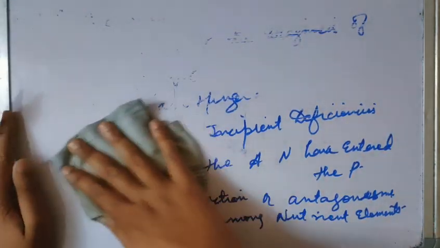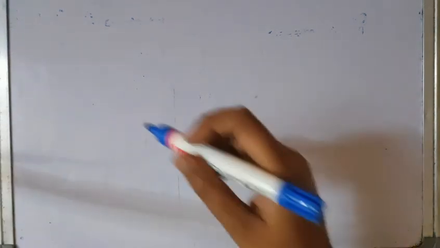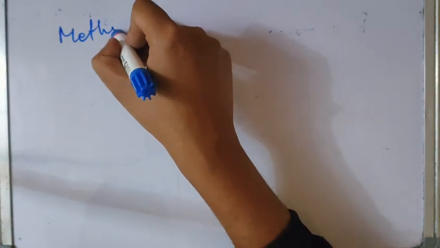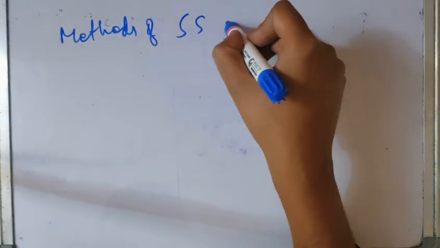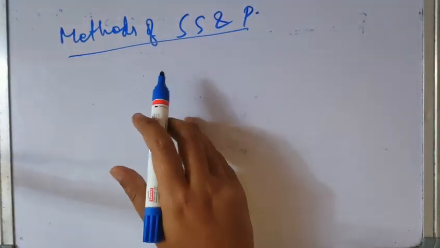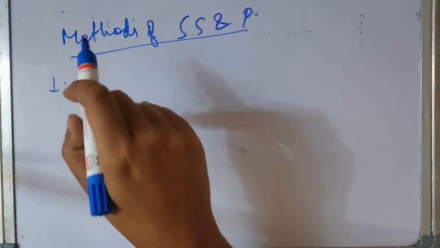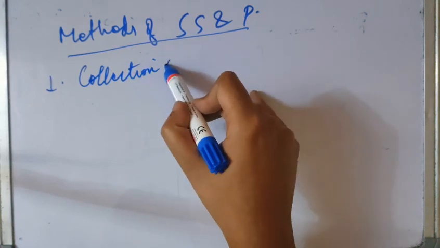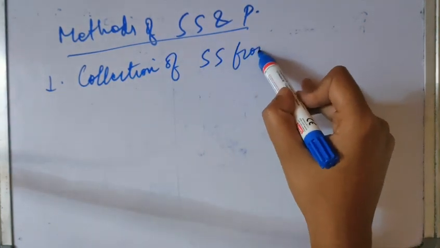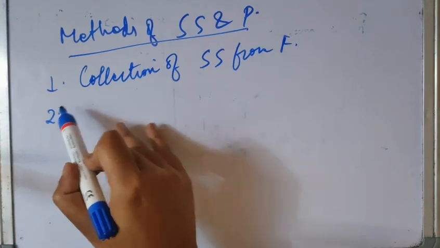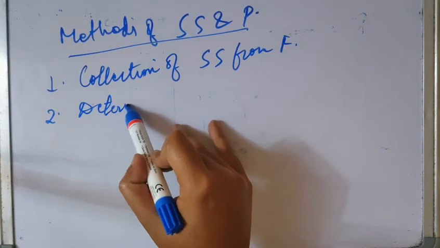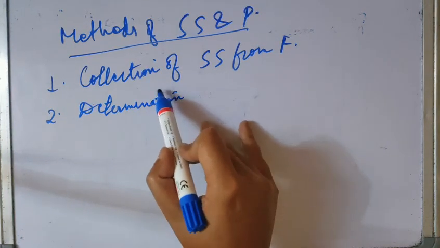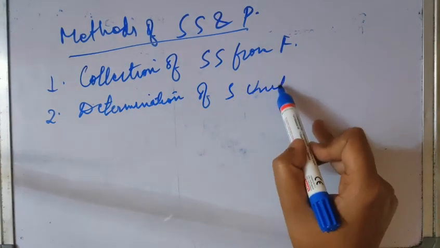Now moving on, what are the principles and methods of soil sampling and processing? The first one is, first what we will do, collection of soil sample from field. Determination of soil unit.